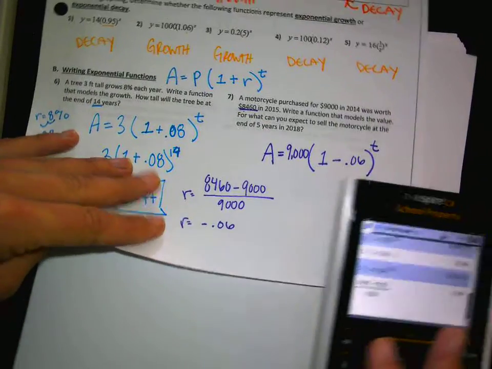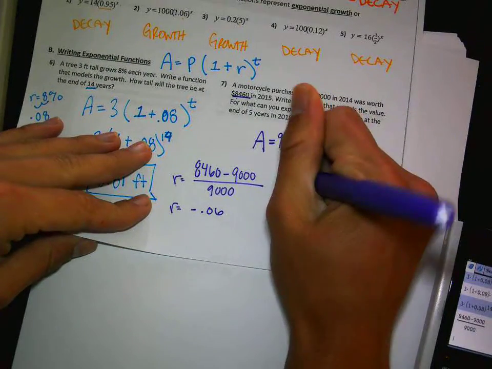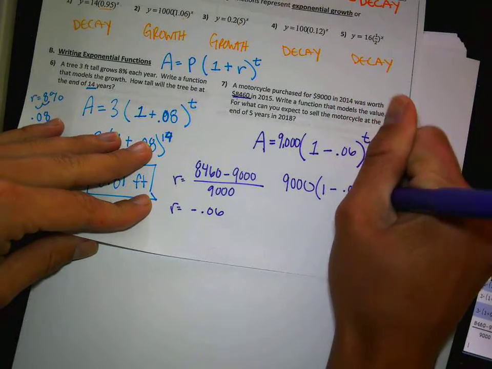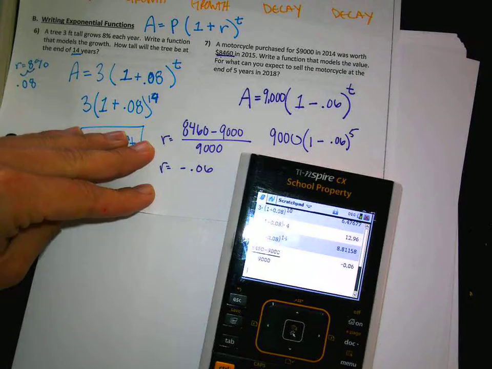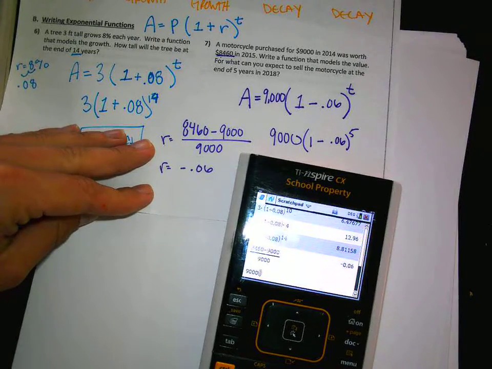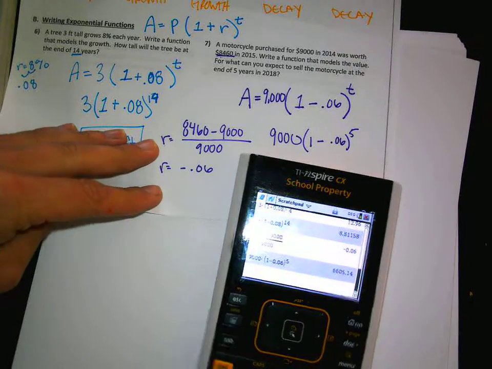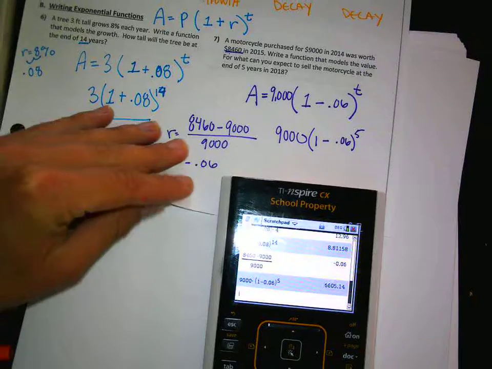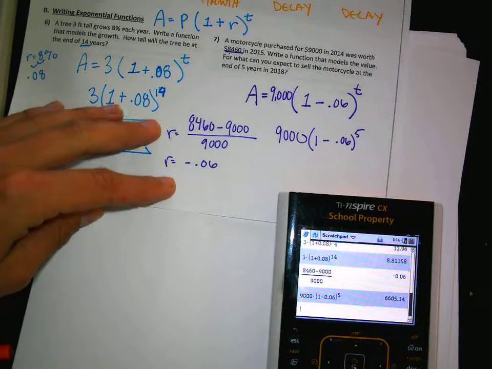So what are you plugging in for T? 5. So my calculator, I'm going to do 9,000 times 1 minus 0.06 raised to the 5. And so in 5 years, your motorcycle is only going to be worth $6,605.14.